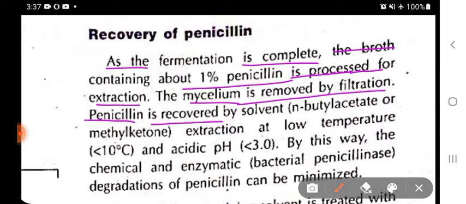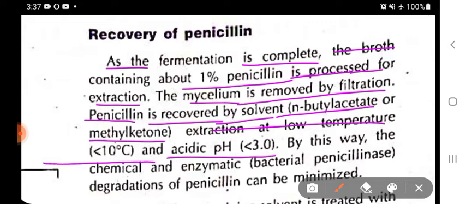Penicillin is recovered by a solvent, so we can use a solvent which will dissolve the penicillin, like you can use N-butyl acetate or methyl ketone at low temperature and at acidic pH. By this way, chemical and enzymatic degradation of penicillin can be minimized. So why do we use solvent here?